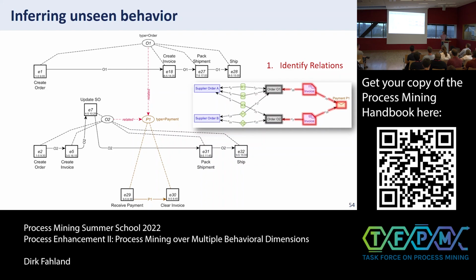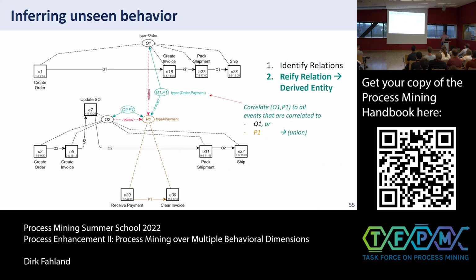But you can identify a relation, like the relation between O1 and P1 and O2 and P1. You can add this as a relation between the entity nodes, right? O2 is related to P1 and O1 is related to P1. Now, your question about relational databases comes in. I can reify the relation into an entity.